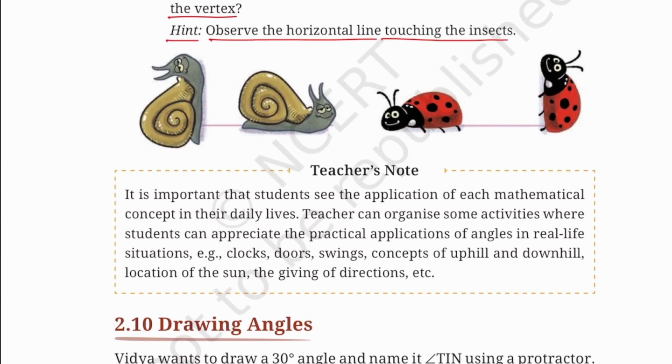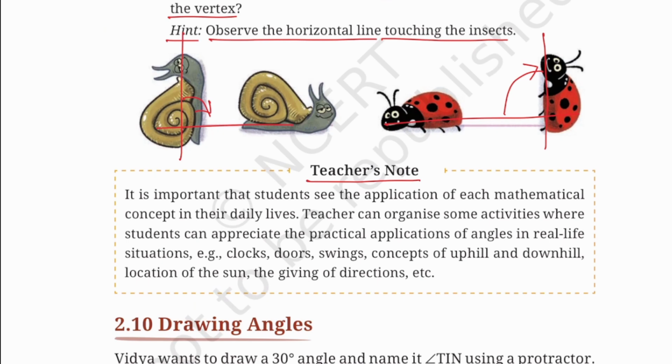You can see in the first picture there is rotation about this axis. The angle formed is 90 degree. In the second picture, there is rotation about this axis. The angle formed is 90 degree or right angle.